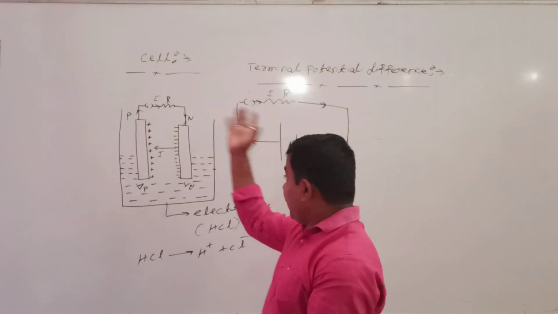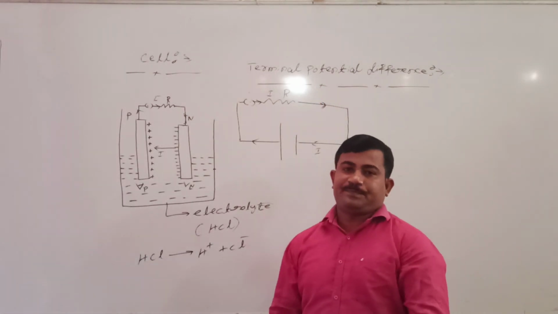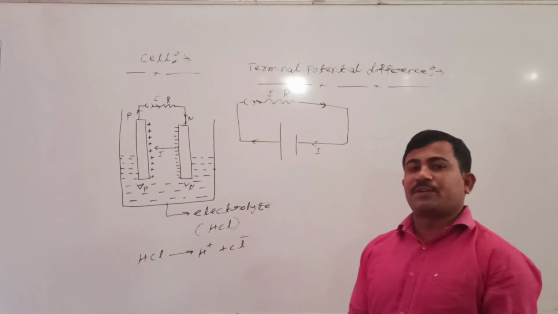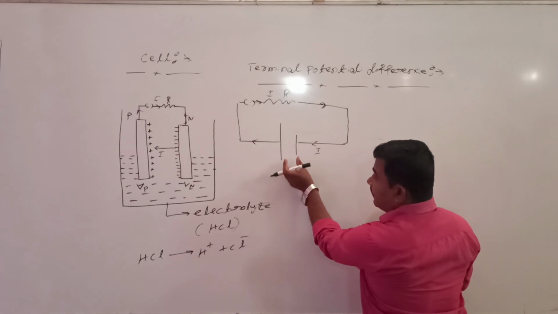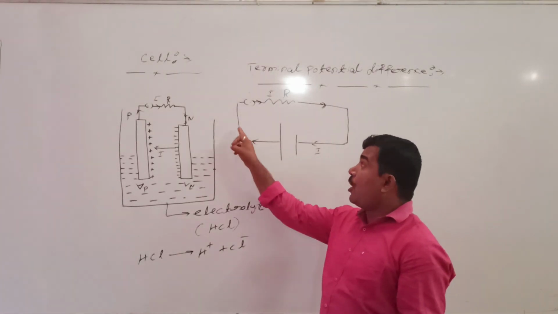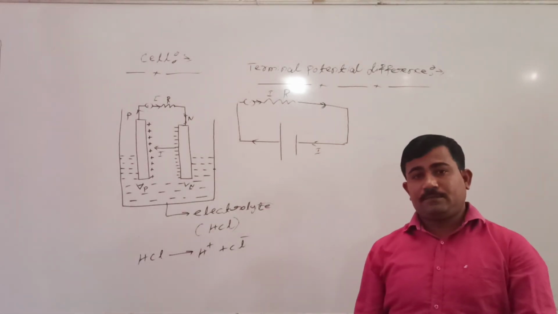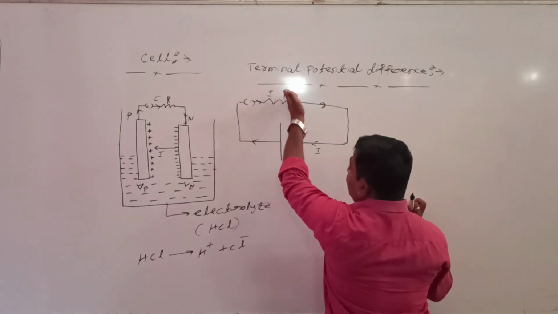When current is flowing, we define this term, terminal potential difference. What is terminal potential difference? It is the potential difference between the two electrodes when current is drawn from the cell.